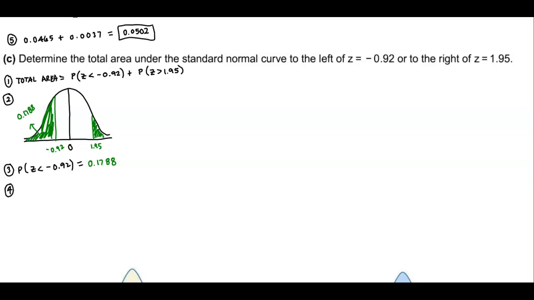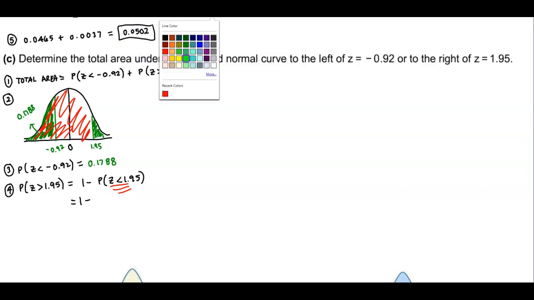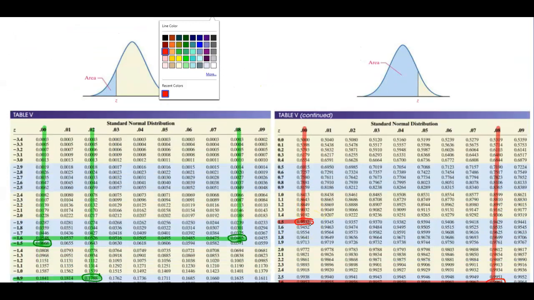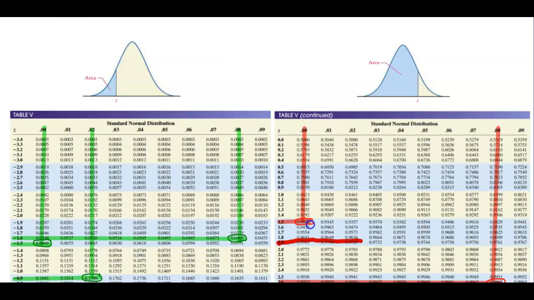Okay, now what we want to do is find the probability of when z is greater than 1.95. So that's equal to 1 minus the probability of z being less than 1.95. So that means that we want to find the area that's to the left of this. So we're looking for 1.95. So here's 1.9.